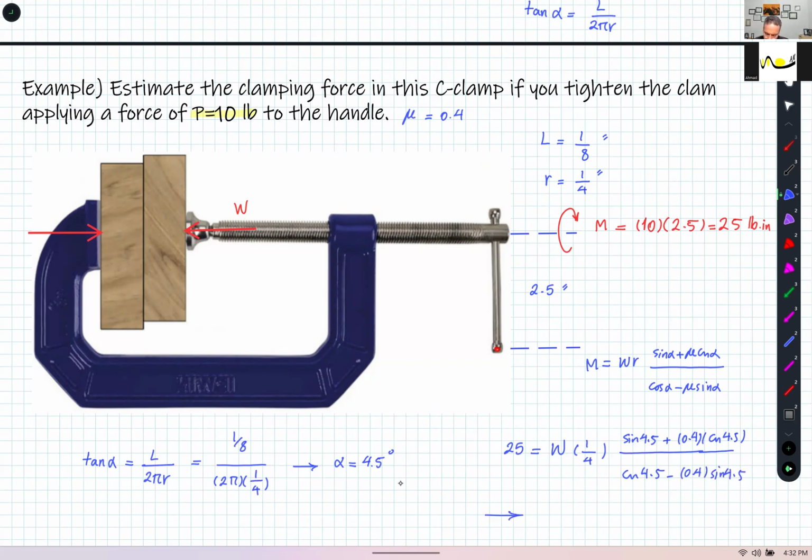If I do the math from here, I'm going to find the value of W, 867 pounds, which is a large force actually, used to clamp it. That's why the C-clamps are a useful device.